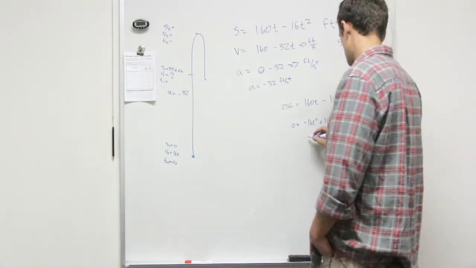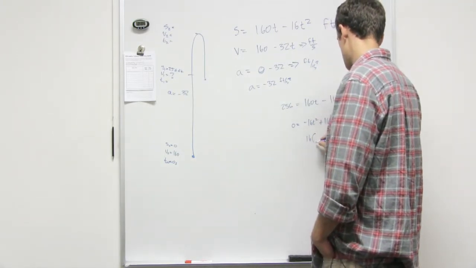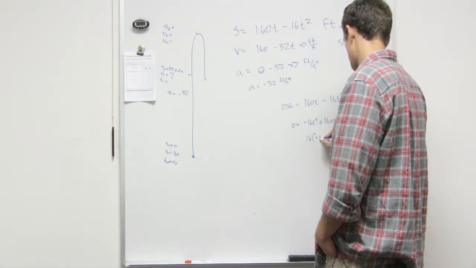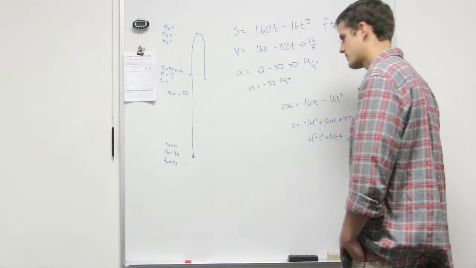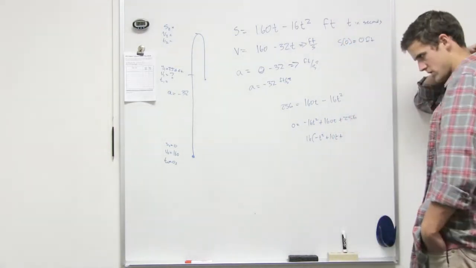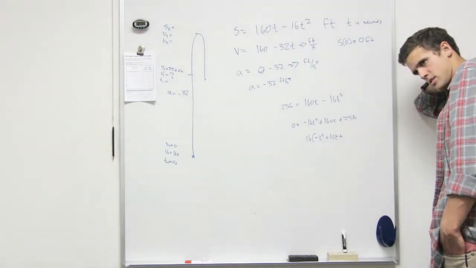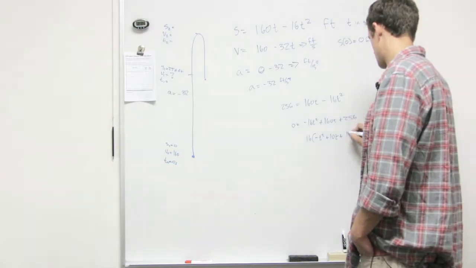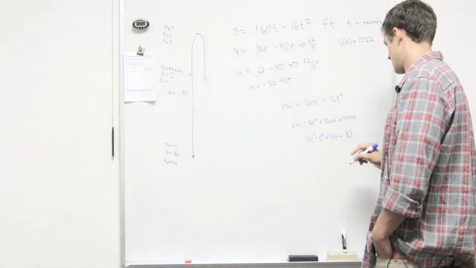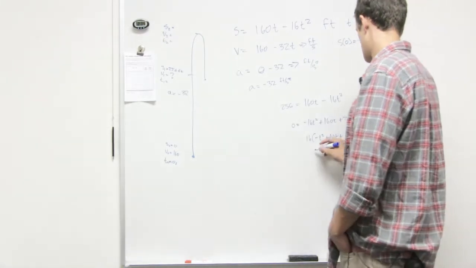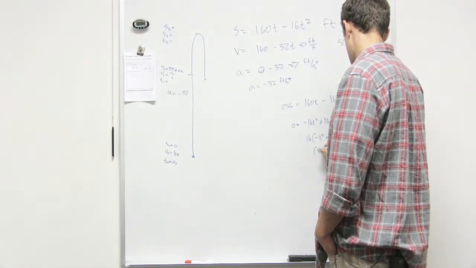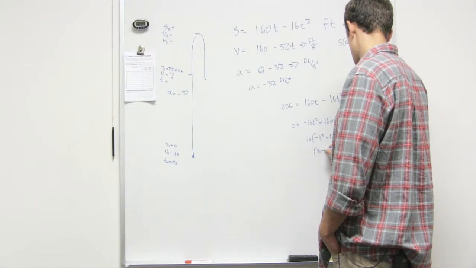So 16, this would be negative t squared plus 10t. What's 256 divided by 16? 16. So then what could you say? You could say this was 8 minus t.